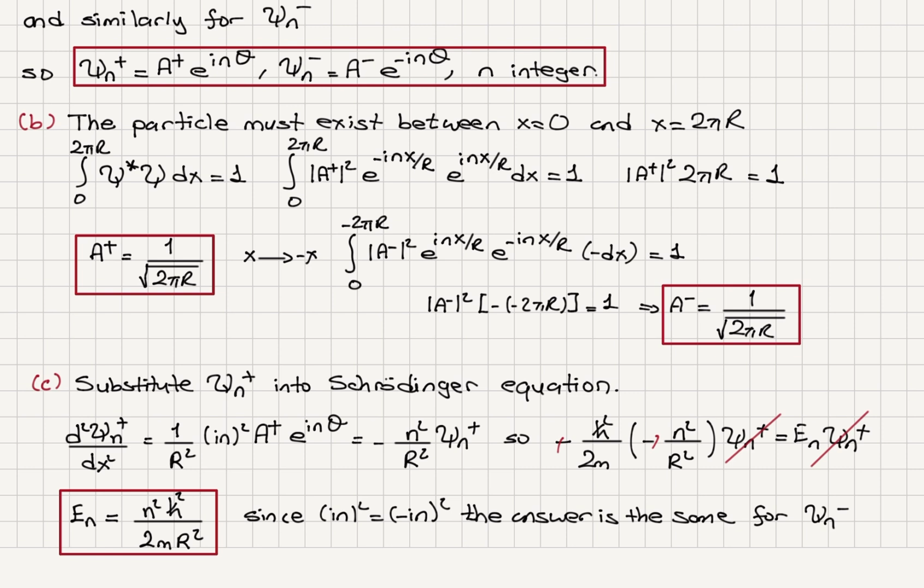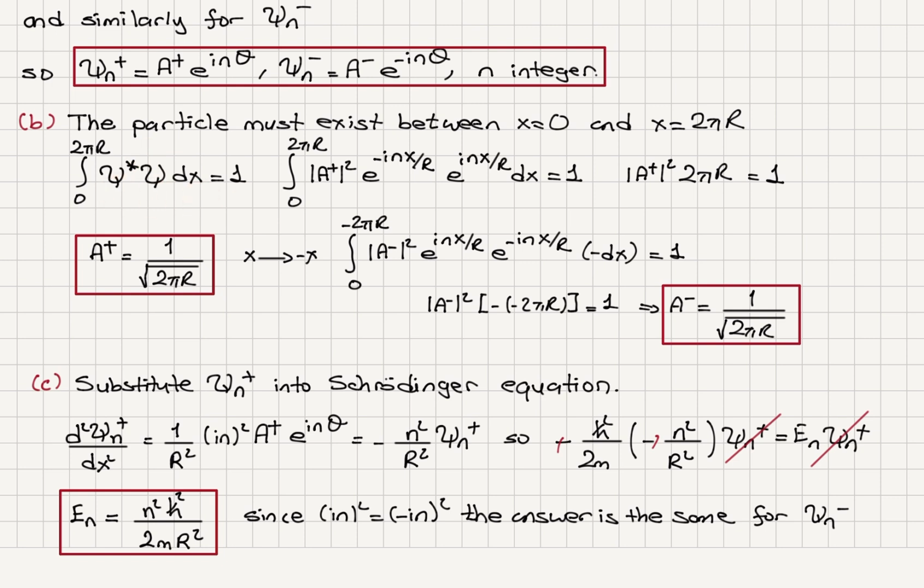The particle must exist between the beginning point and the end point, x equals 0, x equals 2 pi R, or theta equals 0, theta equals 2 pi, between these 2 points. So we write the normalization condition, the integral between the two endpoints of absolute psi square, which is psi complex conjugate times psi dx, equal to 1.